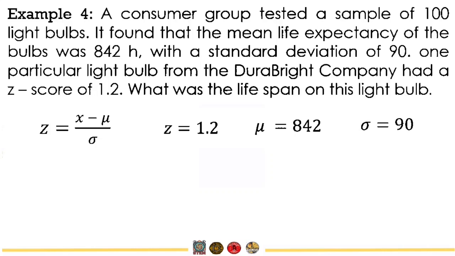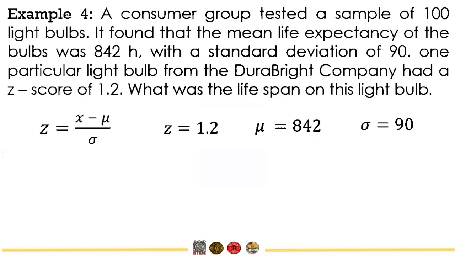We will add 842 to both sides of the equation. So we will add 842 to 108, and we add 842 on the right side, so it will become 0. Did you understand? So basically, 108 plus 842 is 950.